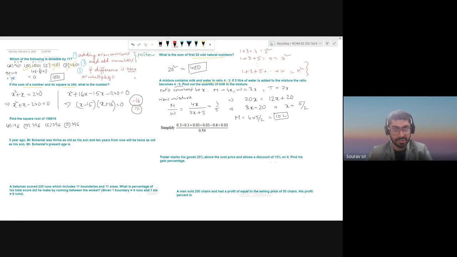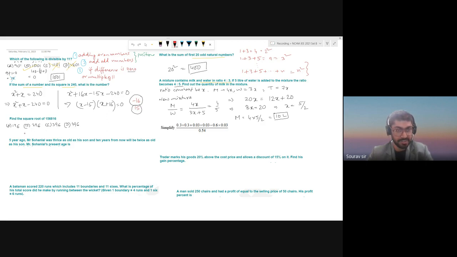Then find the square root of 156,816. Now for this problem, you can use the long division method for square root calculation, but it's better to do the sum logically. How are we going to do it?